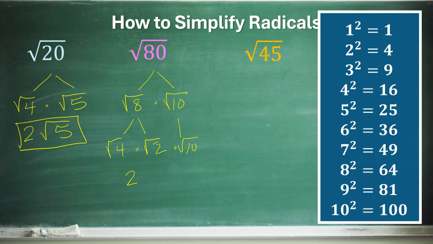And then root 2 times root 10 is root 20. But I just figured out that root 20 was 2 root 5. So I'm going to rewrite this as 2 times root 4 times root 5. That gives me 2 times 2, because root 4, times root 5. That gives me 4 root 5.